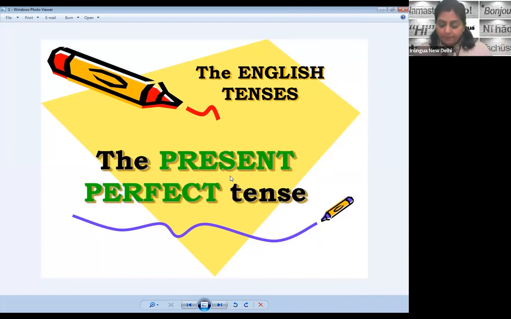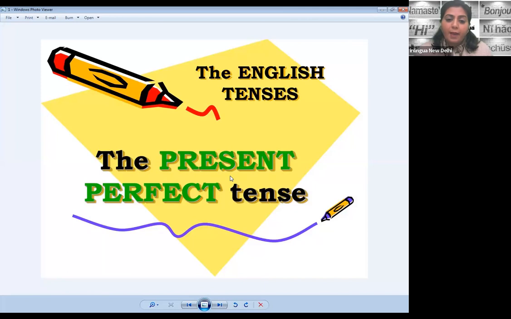So present perfect indicates something happened at an indefinite past time, meaning we are not clear about the time of the action, but we definitely know that this thing happened in the past. We also use the present perfect tense when we want to talk about our past experiences.